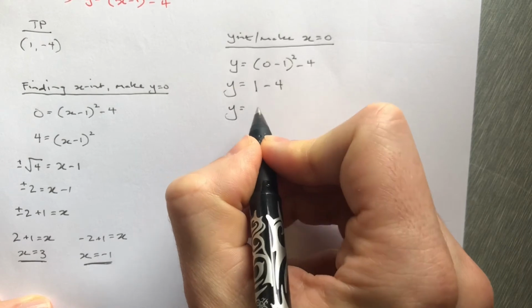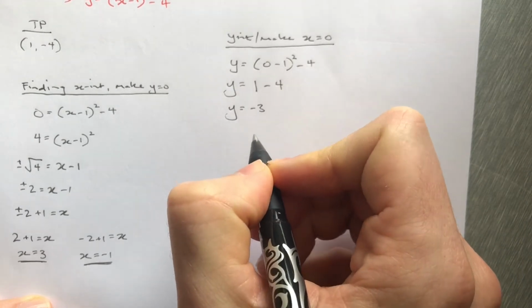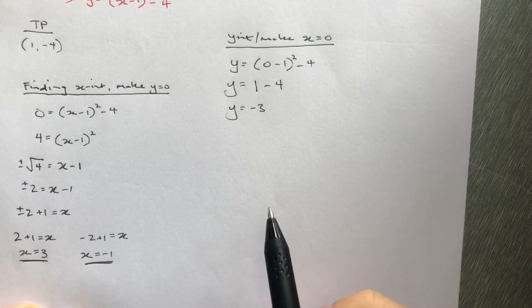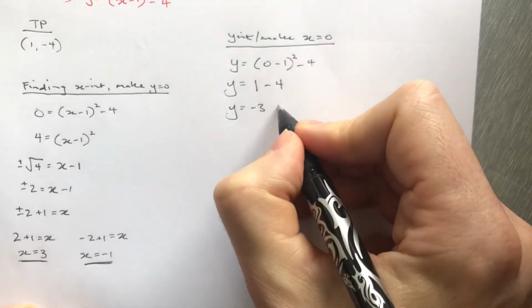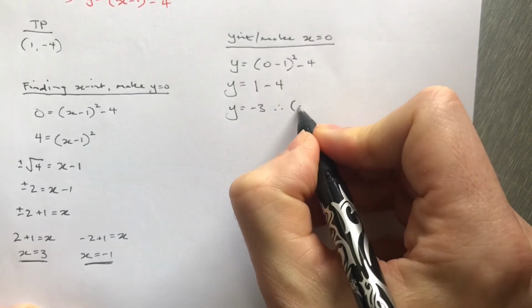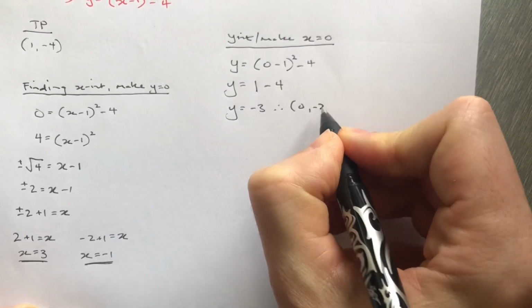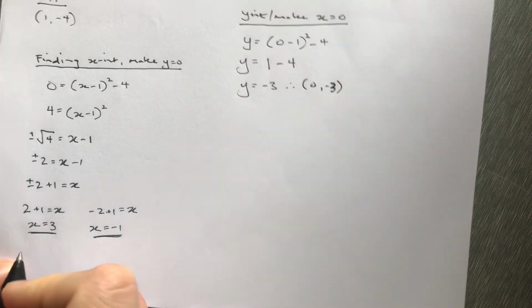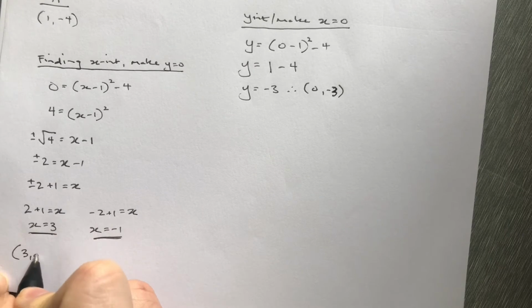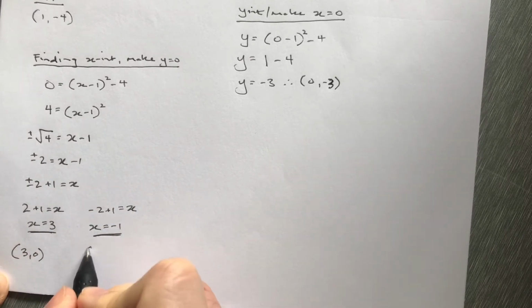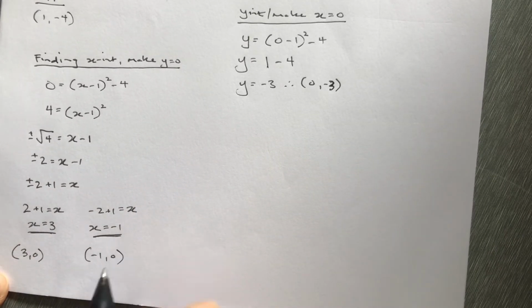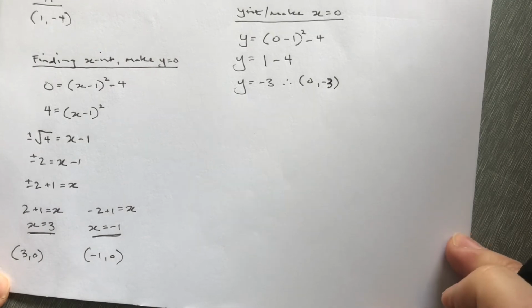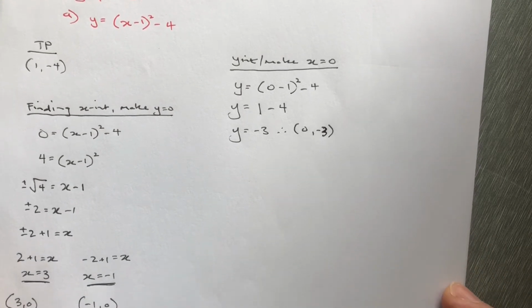So our y-intercept looks like it's -3. Now, I'm going to show coordinates for all these specific points that we want. So the y-intercept, that's where your x value is 0 and your y value is -3. Your x-intercepts are when your x value is 3 and your y value is 0. And the other one is where x is -1 and y is 0. So let's start sketching this graph now.